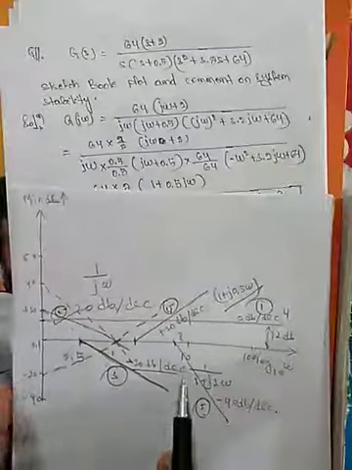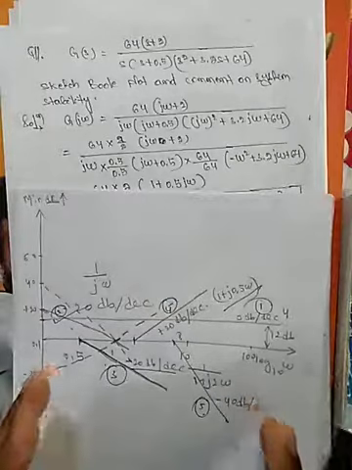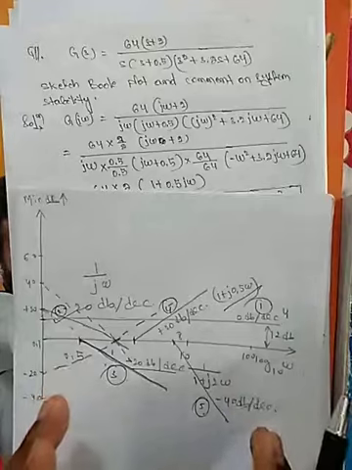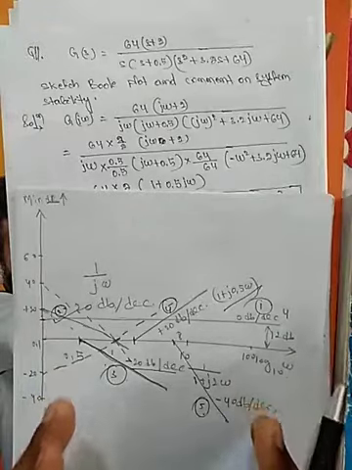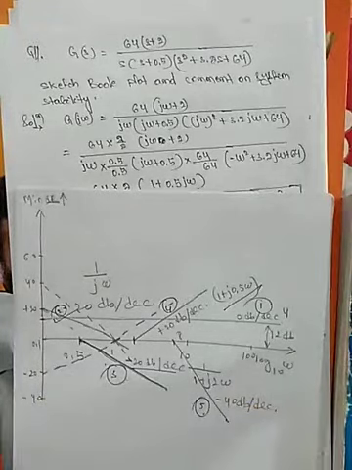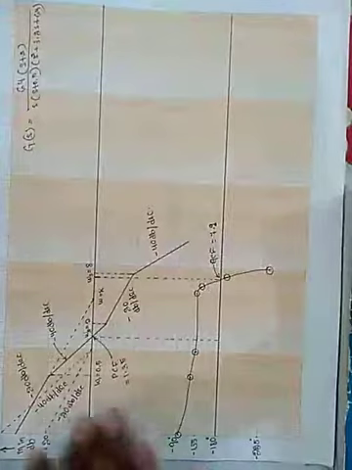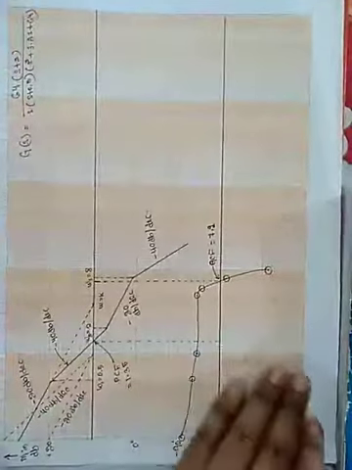So how do you have to add all these? Now I represent all these asymptotic lines for all these 5 factors in a semilog sheet. This is a semilog sheet.